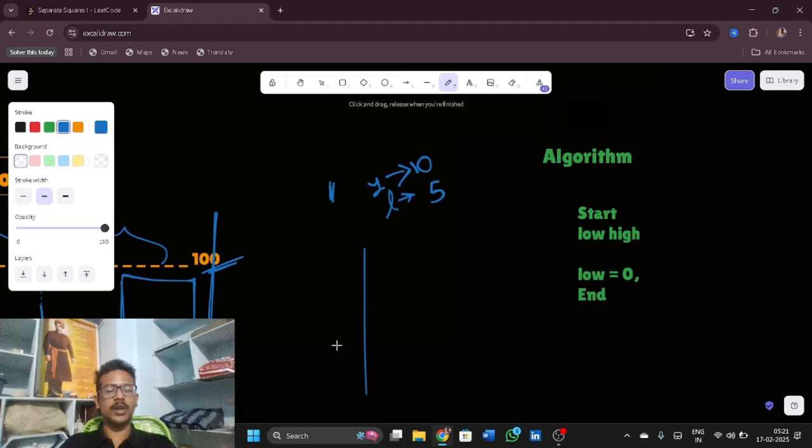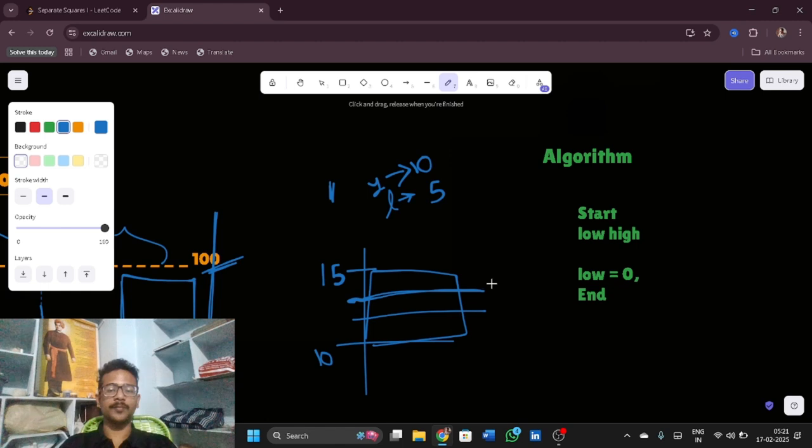Now imagine you are at y is 10, then my square size can go till 15. So I will also have to consider these lines where it can divide the area into two equal halves.